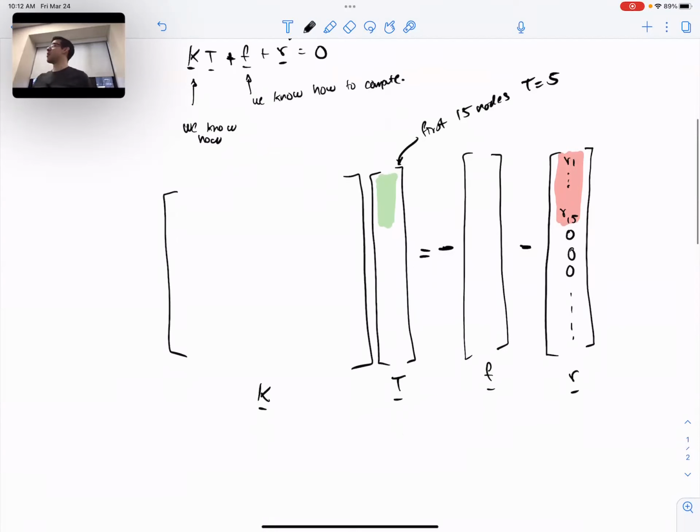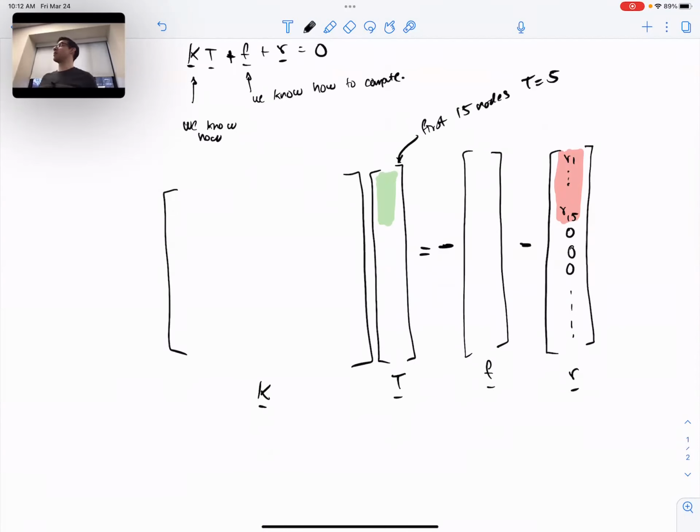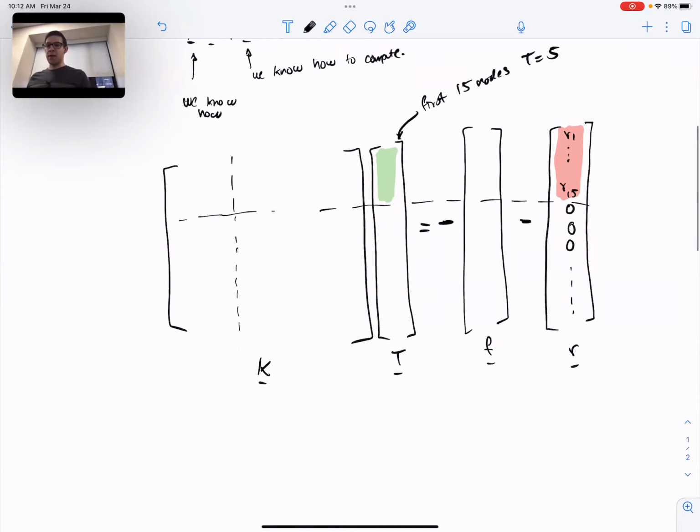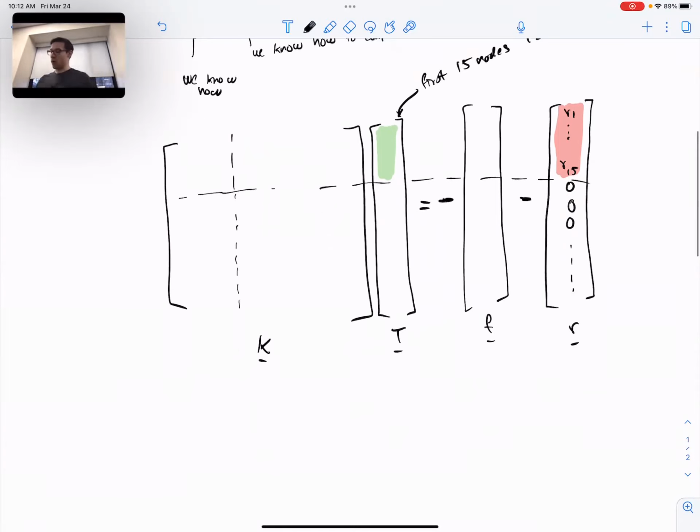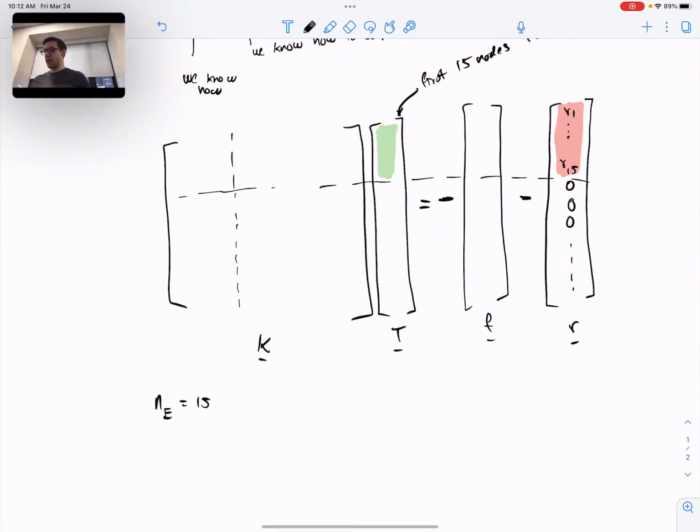So to solve the system, what we are gonna do is the same thing that you were doing for your homework 3, is we're gonna partition the system at that 15 mark. So you can go to your code from homework 3 and just set NE equals 15.